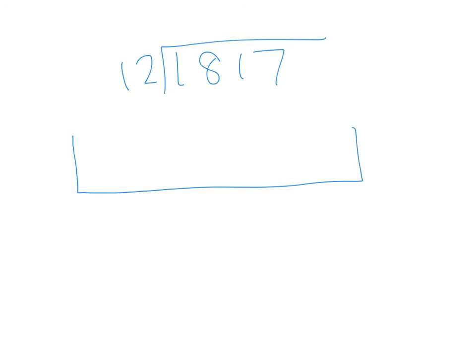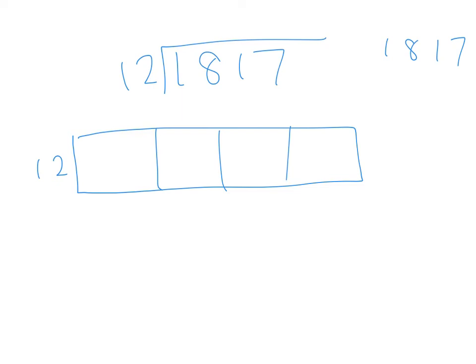For our last problem, we're going to use a 2-digit divisor, so we are going to do 1,817 divided by 12. I know that I need to draw my rectangle and divide it into some sections. I'm going to put my divisor here, and start my subtraction problem off in the margin.